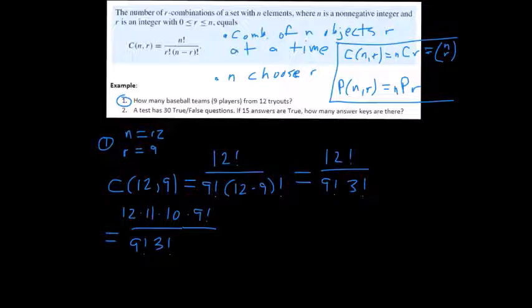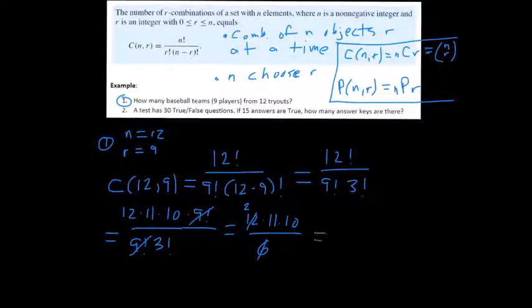And now it's really clear to see, I'll be able to cancel out the 9 factorial down here with the 9 factorial up here. And so this is going to be equal to 12 times 11 times 10 over 3 factorial, which is 6. So 6 will cancel with 12 and leave 2.